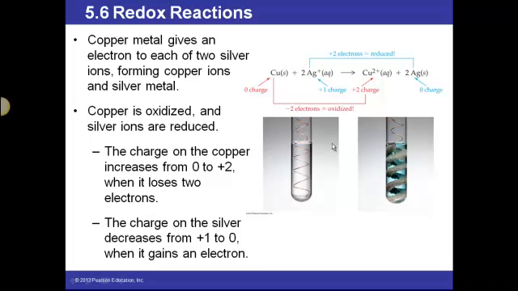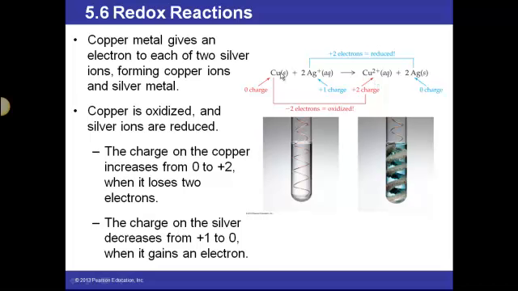And you can see that the solution has taken on a blue color rather than the clear color, and that is the copper in its ionic form turning blue, and it becomes soluble in water. And so it is becoming soluble in this solution, trading places essentially with the silver. So the copper has lost electrons.